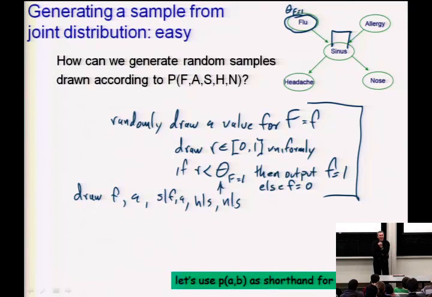Then I'm going to be generating all these samples, and most of them are irrelevant to figuring out the probability of something given that a equals 1, because most of the samples I draw won't have a equals 1. And so the kind of problem you get into here is conditioning on low probability events, and then this simple-minded procedure doesn't work as well.